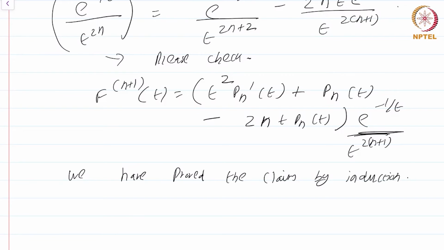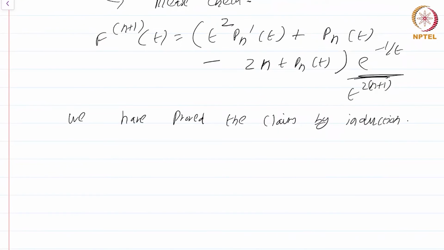So now we exactly know how the n plus 1th derivative of f at t greater than 0 is going to look. Now our aim is another claim, which is going to be proved again by induction. The claim is that fk of 0 exists and is equal to 0.